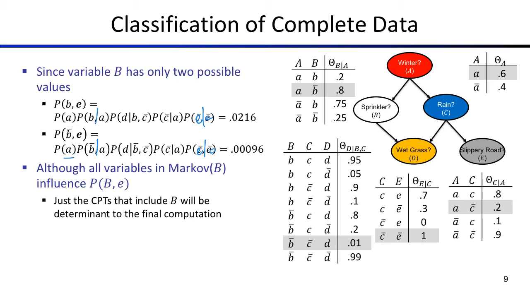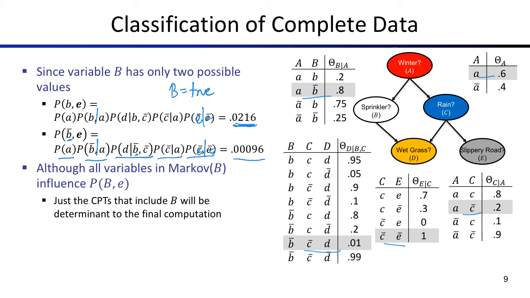So we're going to take P of A, now P of not B given A, because we have the not B instantiation, P of D given not B and not C, P of not C given A, and P of not E given not C. And if we multiply and it's marked here what the corresponding values are, we see that the number is smaller than the first one. So our classification is going to be B equal true, because this is the value of maximum probability.